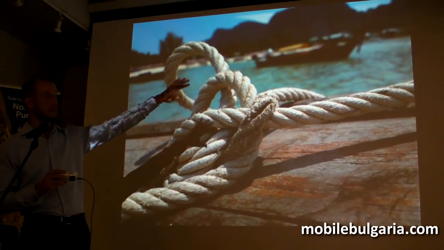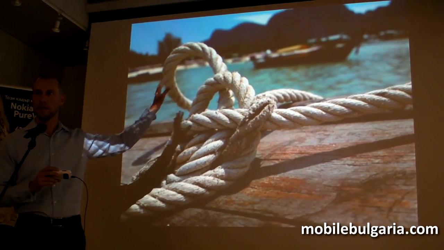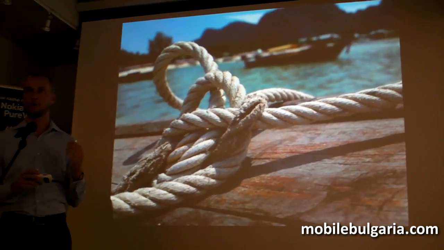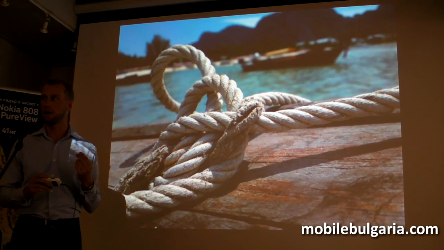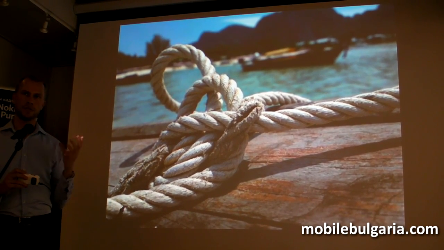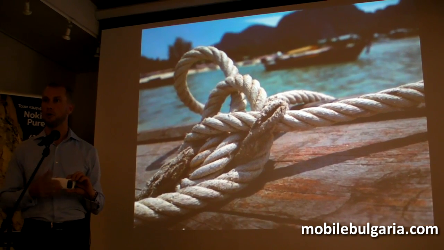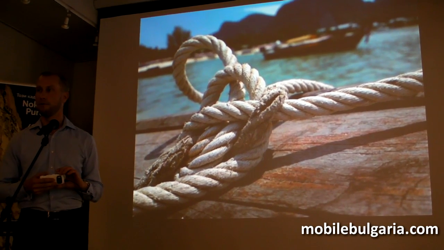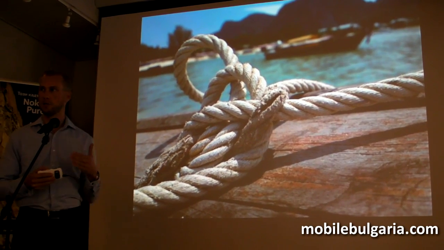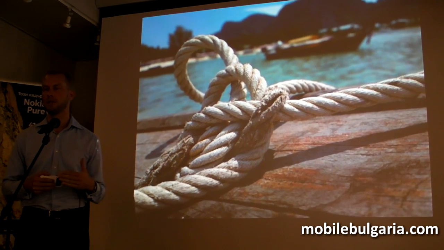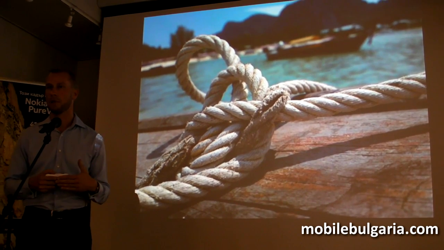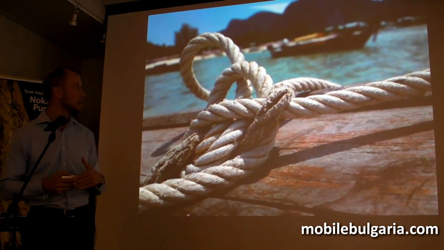You also see that there's a nice background blur. That's what photographers call the bokeh effect. And for the first time ever, basically, we now bring a true bokeh into a mobile phone as well, which is thanks to the big image sensor and the long focal length.